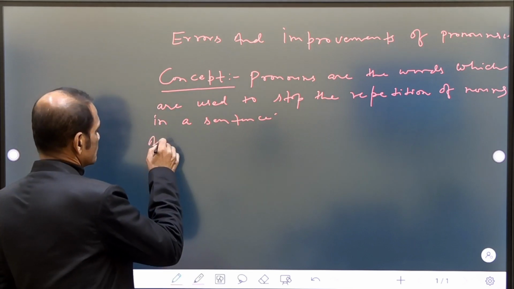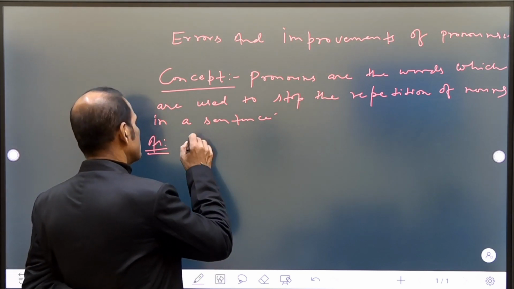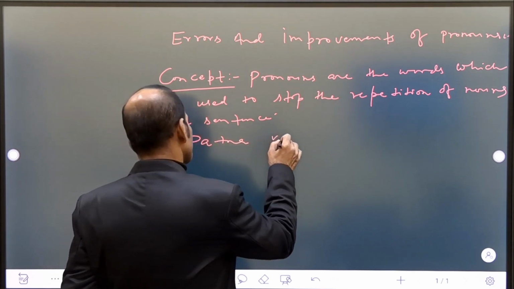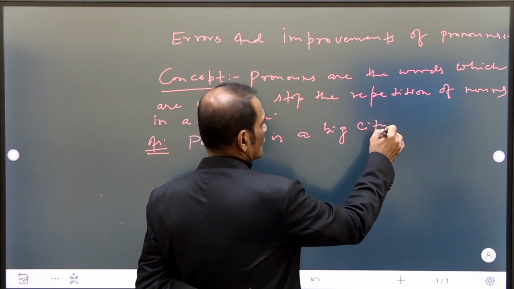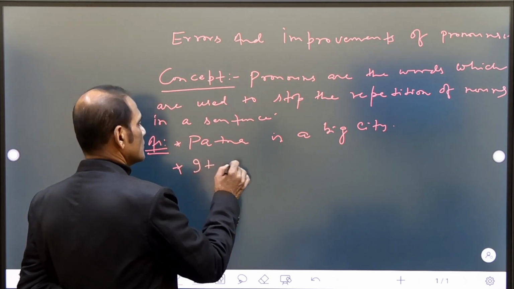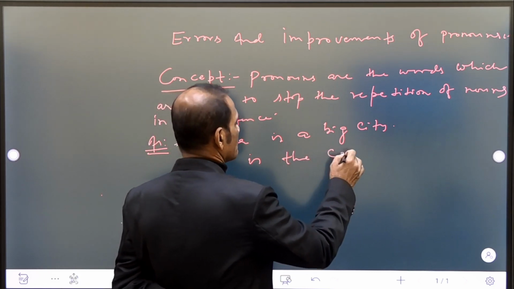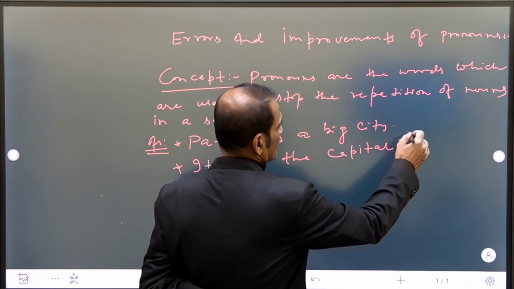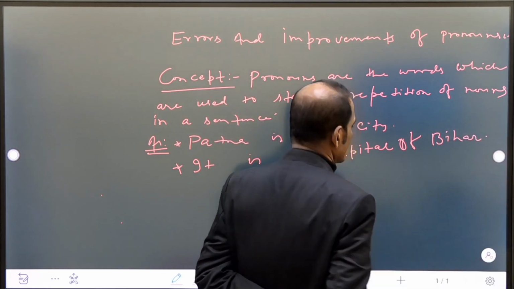For example, Patna is a big city. It is the capital of Bihar.